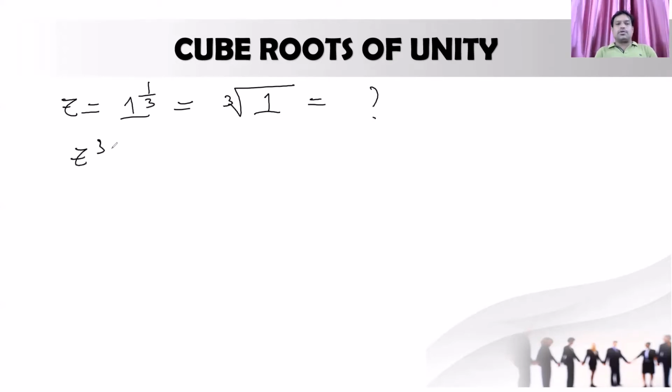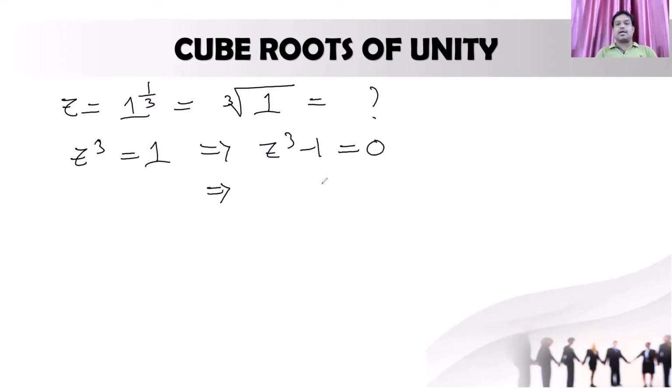So z cube equals, cubing on both sides, 1 to the power 1 by 3 whole cube, that is 1. This implies z cube minus 1 equals 0, that is z cube minus 1 cube equals 0.